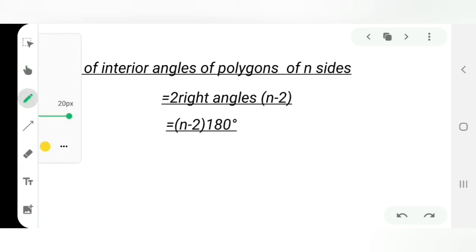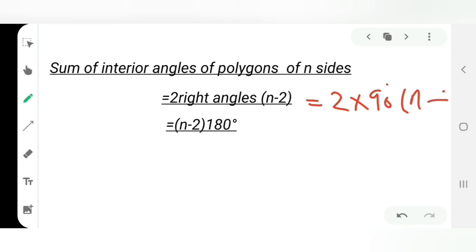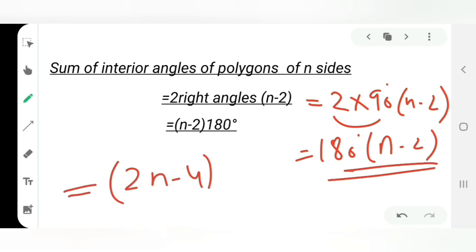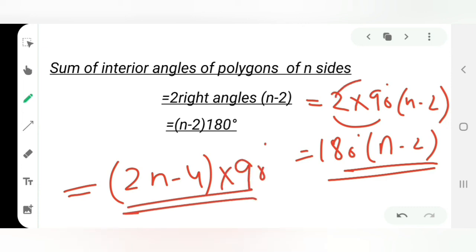Now you will ask, ma'am, how does it come? See, 2 right angles means 2 into 90 degree into n minus 2. So 2 into 90 is 180 degree into n minus 2. Or you can also say 2n minus 4 into 90 degree. It is also the same. We are multiplying this 2 inside the bracket.